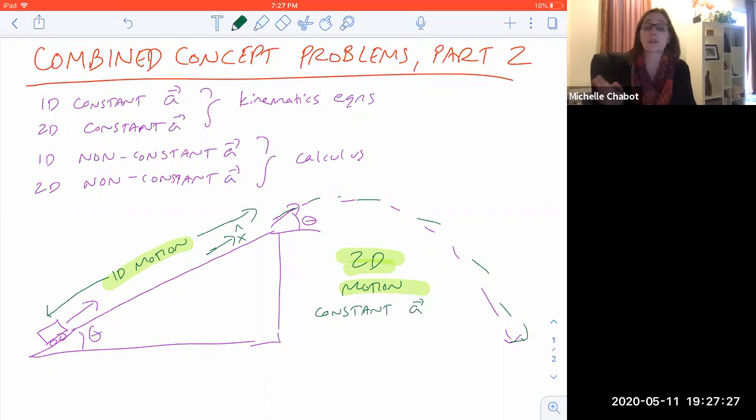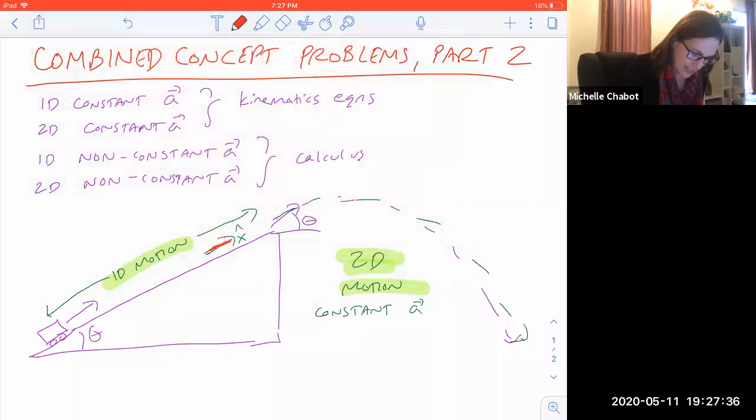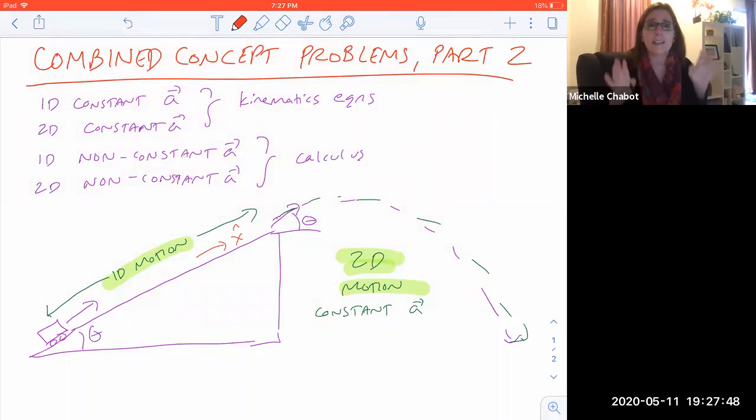Now here's a really important thing to keep in mind. For each part of the problem, you can pick your own axes. So if we had tilted our axes to start with to make this a 1D problem here, and let me just erase that to make it a little bit neater. If we chose our x-axis to be parallel to the ramp for this first part, for the 1D motion, we do not need to keep it tilted for our second part, and we don't want to.